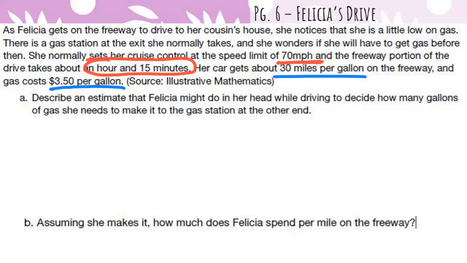Okay? So I have underlined, circled, did something with all the numbers in there. That doesn't mean we necessarily use all the numbers, but that is what I see and observe. Okay?